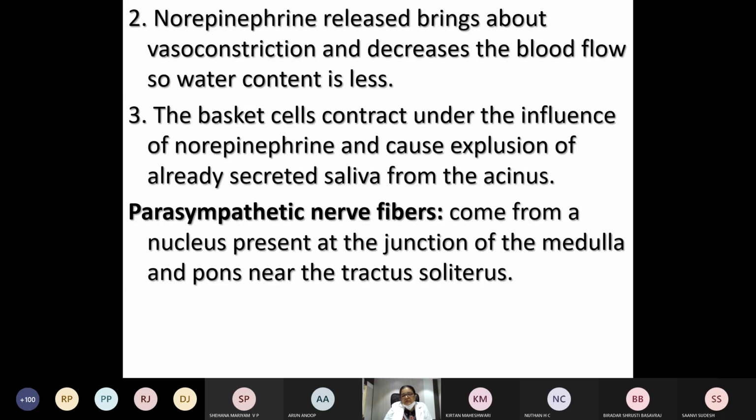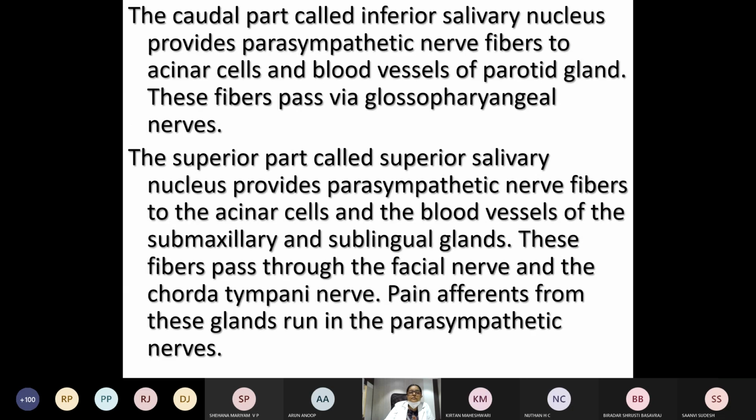Parasympathetic nerve fibers come from a nucleus present at the junction of the medulla and pons, near the tractus solitarius. The caudal part, called the inferior salivary nucleus, provides parasympathetic nerve fibers to the acinar cells and blood vessels of the parotid gland.